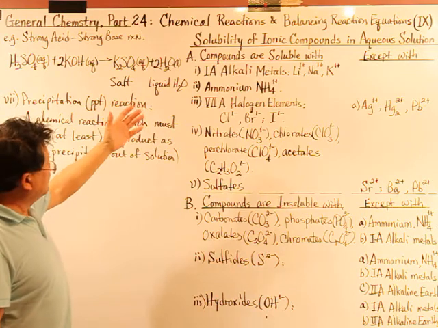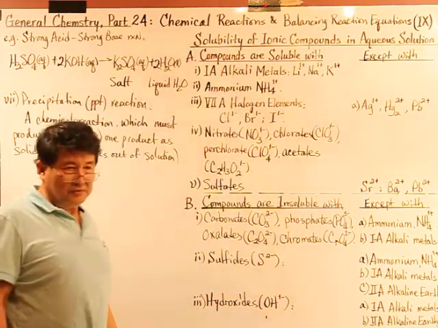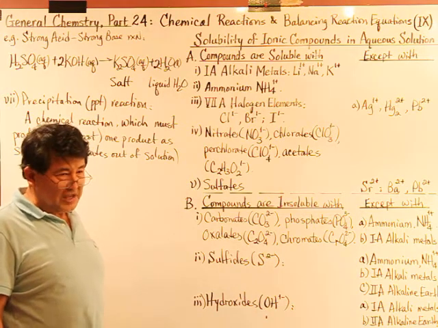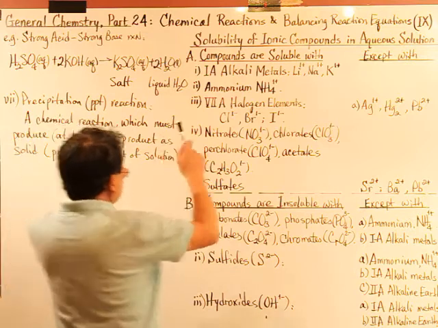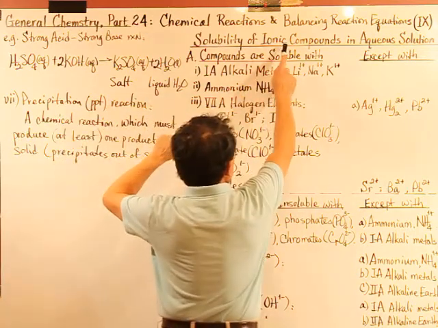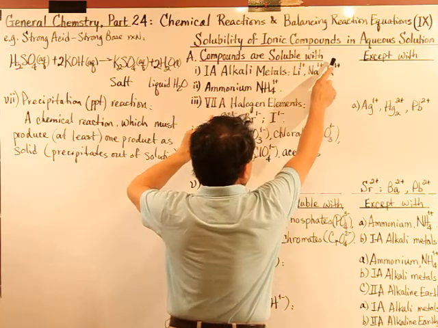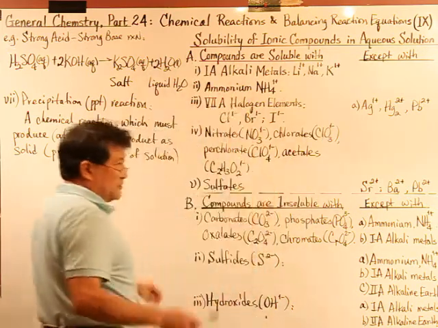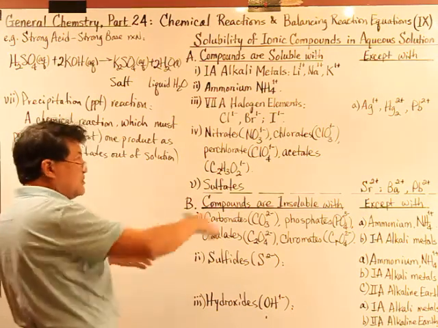Sometimes you see a table that says solubility rules of salt or inorganic salt. That's okay, but I think this name is much better, because we also use the layman term salt, and the chemical term is ionic compounds, right? And solubility means whether it dissolves in aqueous solution and then dissociates or not.